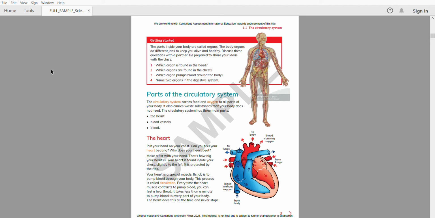Then it comes back to the left side of the heart from the lungs, where it is already oxygen-rich blood, and from the left chamber it is pushed to the aorta, which is an example of an artery that carries blood away from the heart.